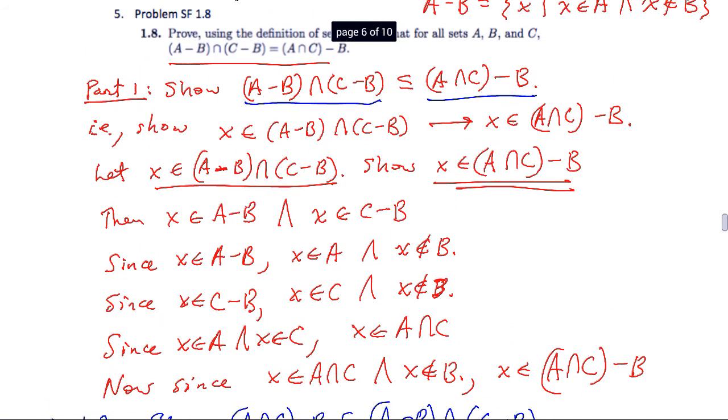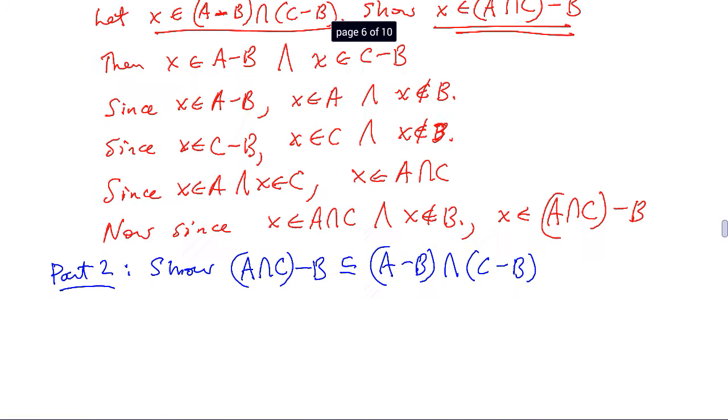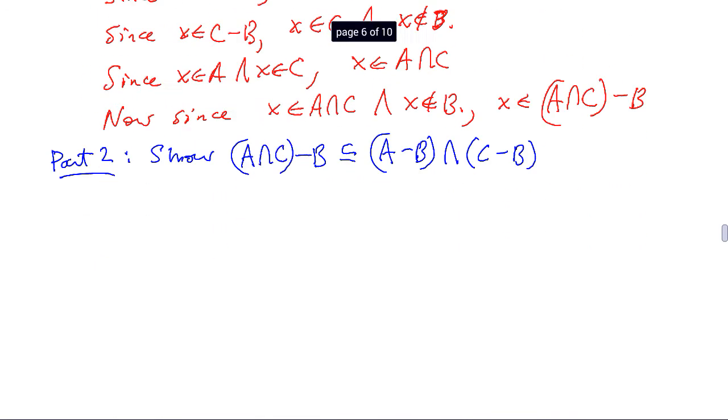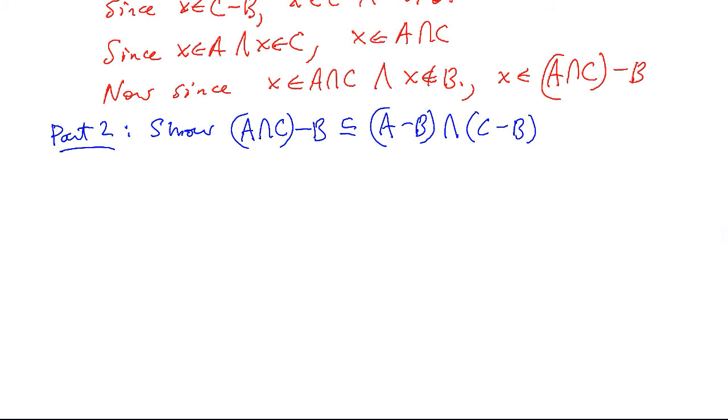A intersects C minus B is a subset of A minus B intersects C minus B. Yeah, that's what I'm trying to do here. It always helps to keep double checking on these things.